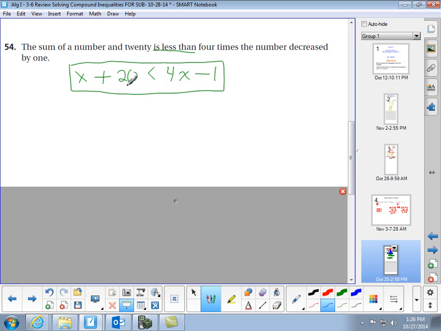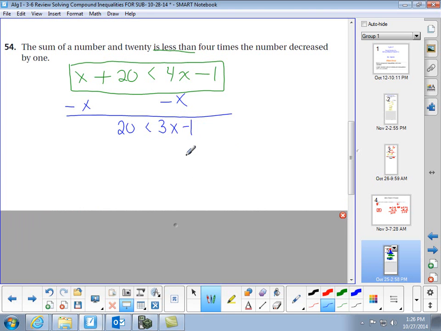So to solve this, once again, can't simplify the left side, can't simplify the right side, so I'm going to move the little guy. I'm going to do that by subtracting an x. When I do, I get 20 is less than 3x minus 1. Then I'm going to add 1.